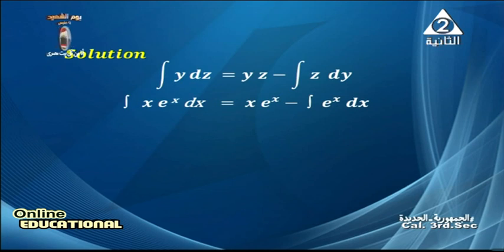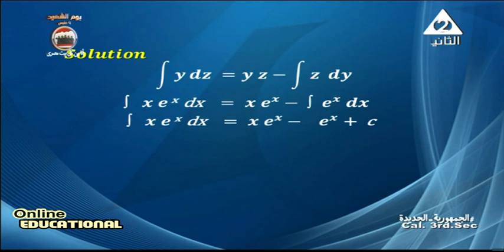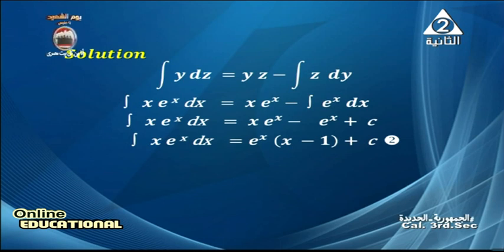Yes, integration of e to the power x dx is e to the power x plus c. We can take e to the power x as a common factor. Then the integration of x e to the power x dx equals e to the power x multiplied by x minus 1 plus the constant c. And this relation is relation number 2.